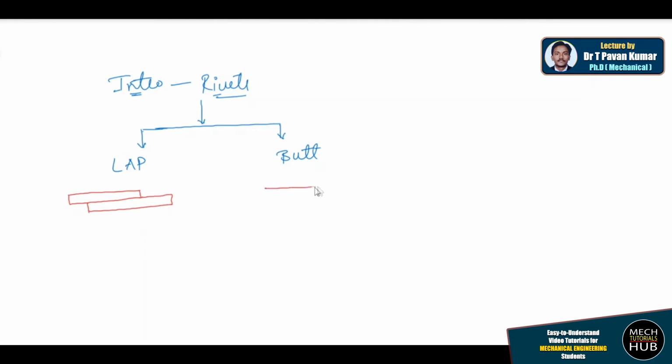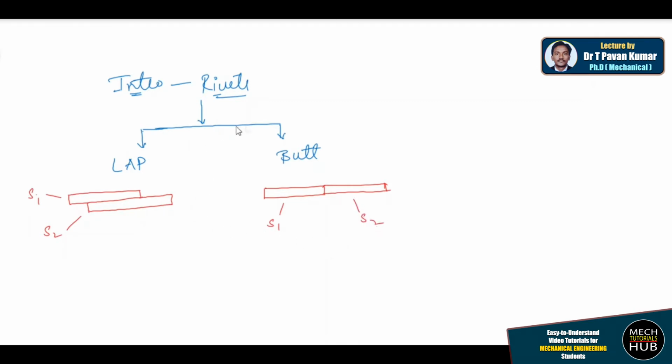Now if those two sheets are placed side by side, then we call this the butt joint. This is called the butt arrangement, this is called the lap arrangement of sheets. Let us consider this as sheet 1 and this is sheet number 2. Similarly here sheet 1 and sheet 2.